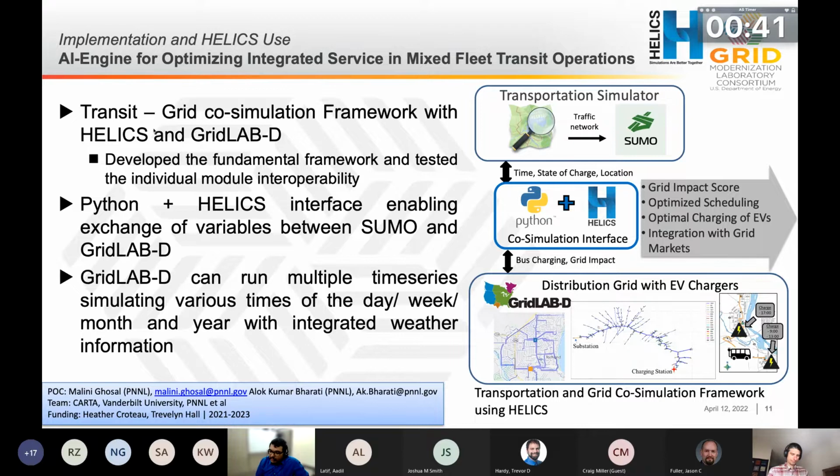So we have identified some of the prototypical feeders that were developed as part of other DOE projects, and use some of these prototypical feeders that resemble the actual grid in the Chattanooga region, and integrated the electric vehicle charging stations on the distribution grid. And we are combining this with the transportation simulation layer to integrate the electric vehicle charging and those simulations in a more tightly coupled way.